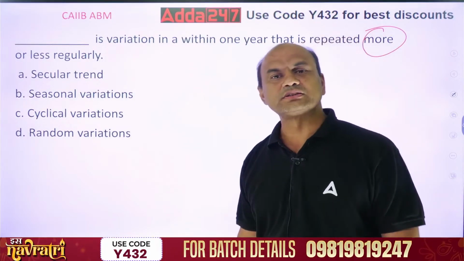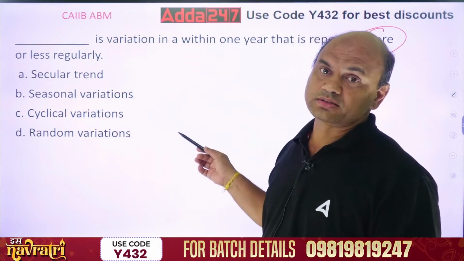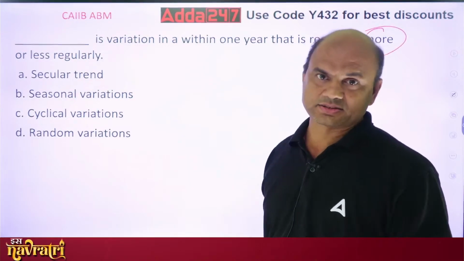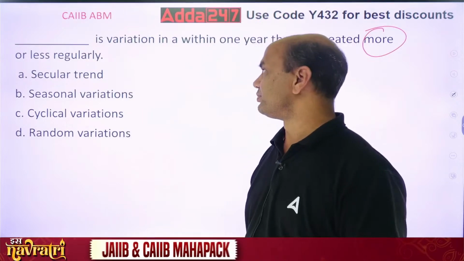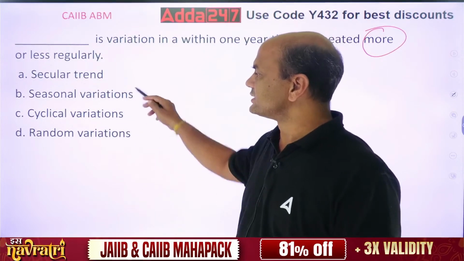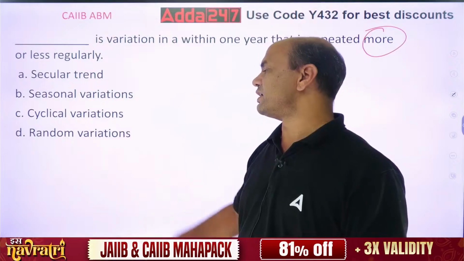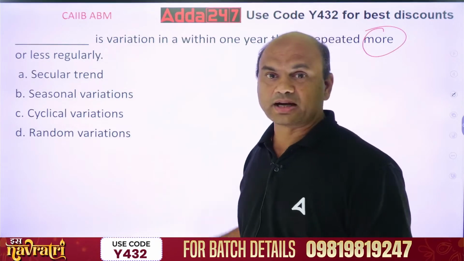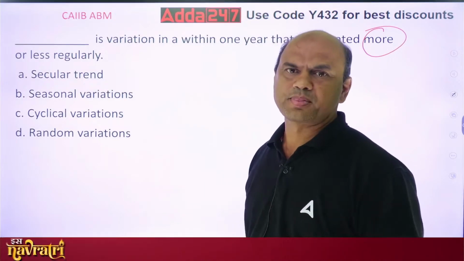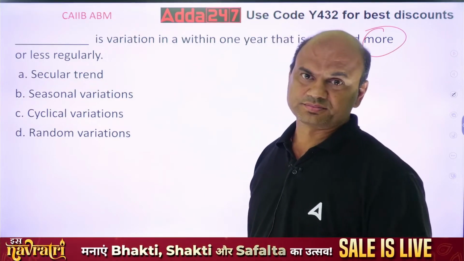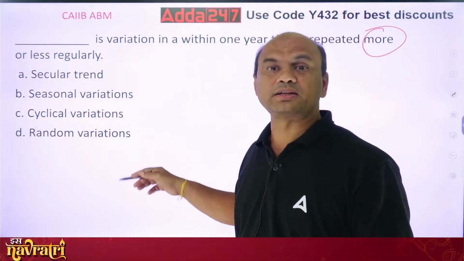Now this is a part of your trend analysis. There are 4 types of trends: secular trend, seasonal trend, cyclical trend, and one more, random trend. Random means you don't know. Now what is each one? One of them is definitely asked in the exam.